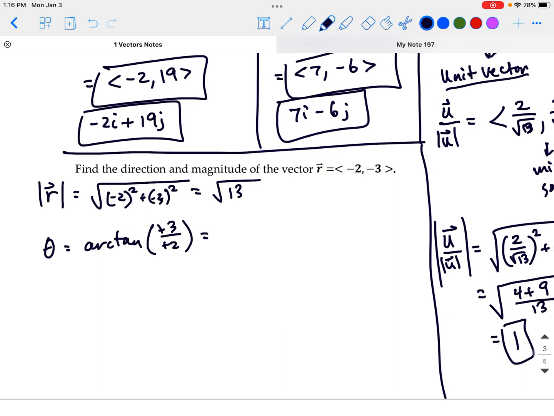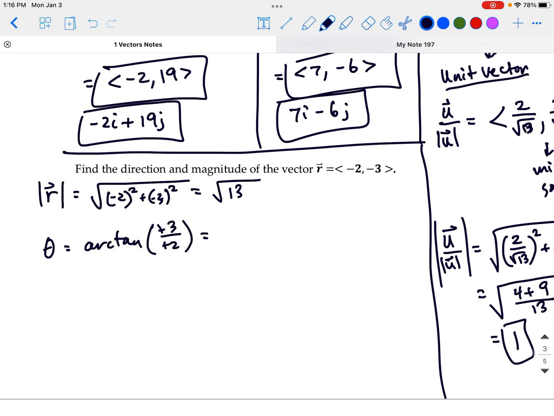So go ahead and grab a calculator. And let's put arctan 3 over 2 into our calculators.